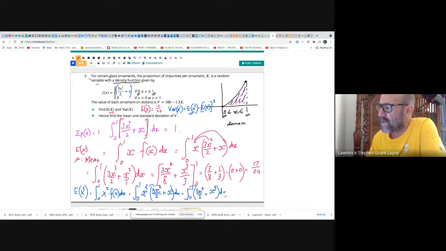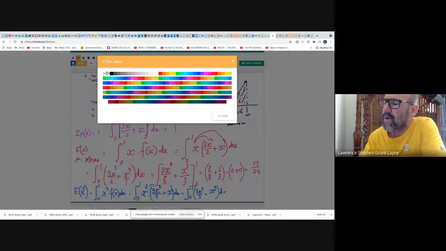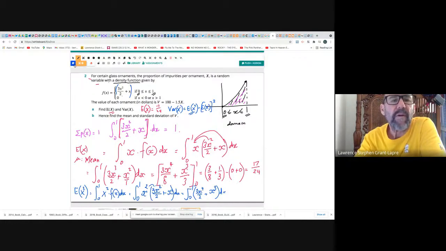So we'll go straight into the integral, which is 3x to the power of 5 over 2 times 5, and x to the power of 4 over 1 times 4.